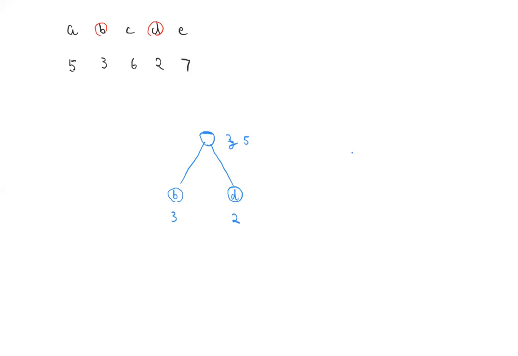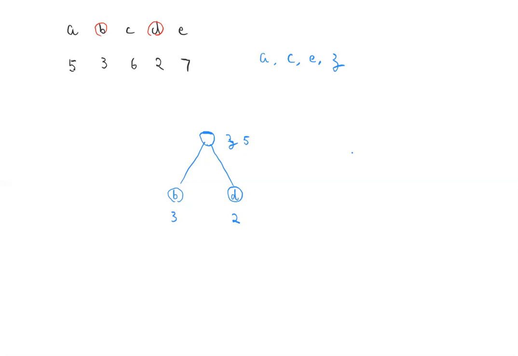Now we deal with four characters, namely A, the new character, C, and E, since B and D are replaced already. Among these, we pick the two characters of minimum frequency. In this case, it will be 5 and 5.